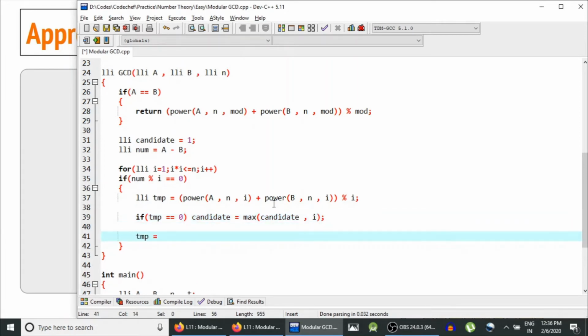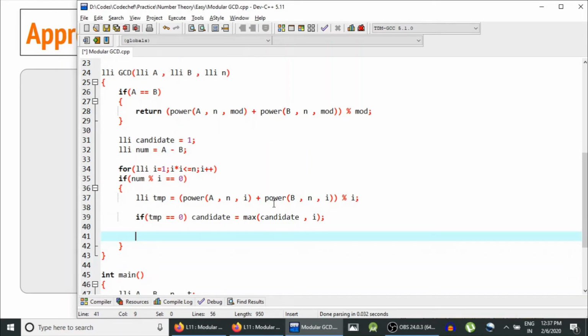Now again temp is equals to... remember, if you are following from the lecture where we have talked about prime factorization, there we studied about divisor pairs. If I divides a number n, then n by I also divides n. Take an example of 12. Since 2 divides 12, so 12 by 2, that is 6. 6 also divides 12.